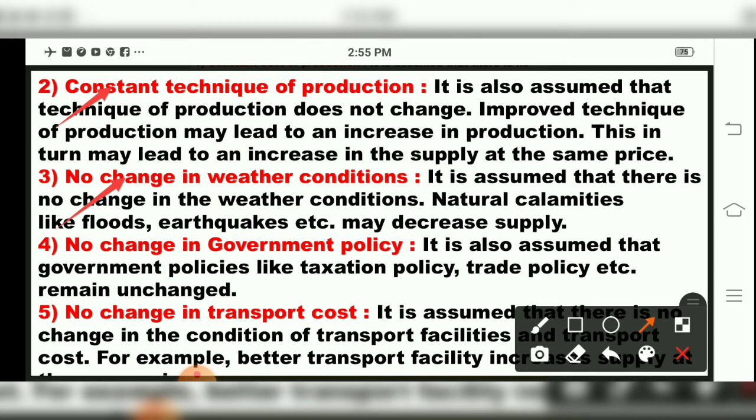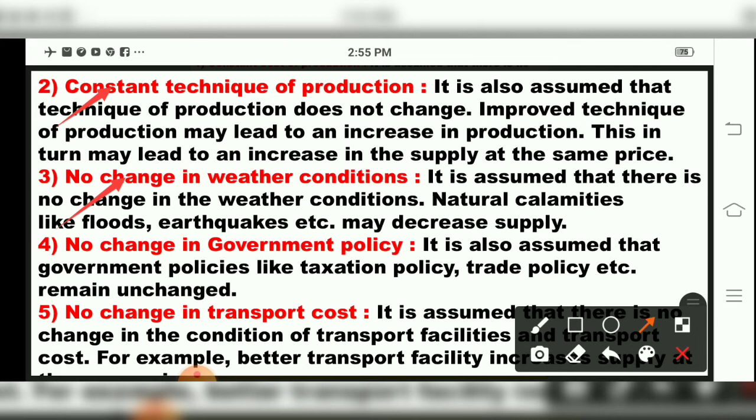No change in weather conditions, no natural calamity should occur. Regarding what are we studying? Assumptions. So this statement will be correct when supply will be higher when the price is higher, when the weather conditions are natural, normal. When no natural calamity like floods, earthquake, etc. has occurred, otherwise this may decrease supply.